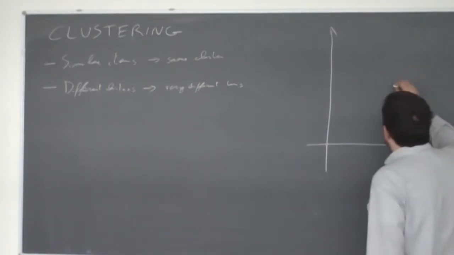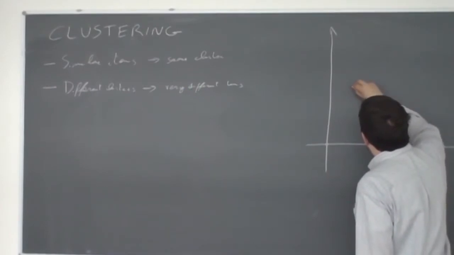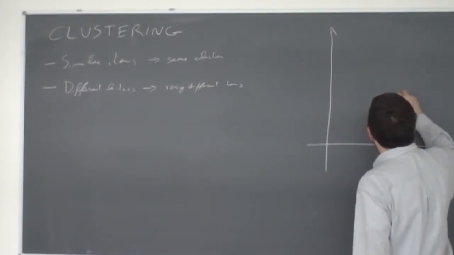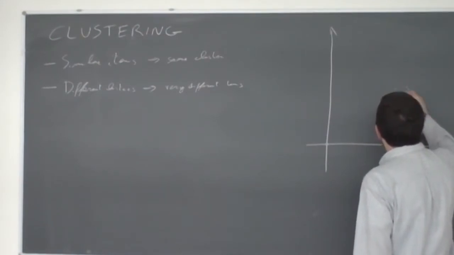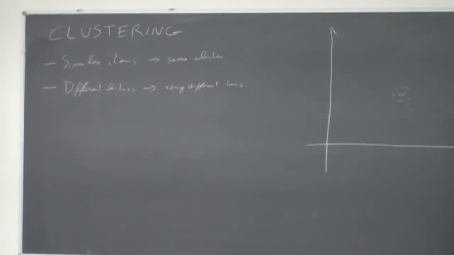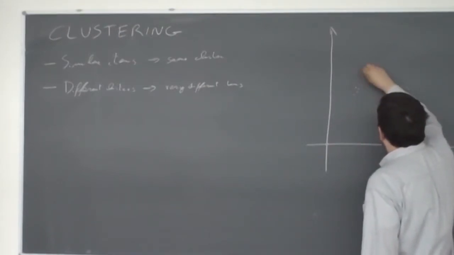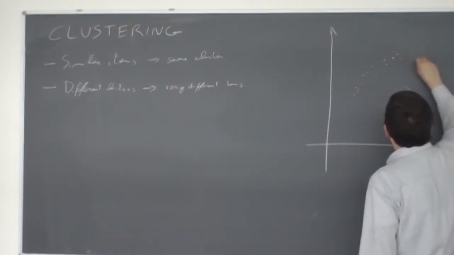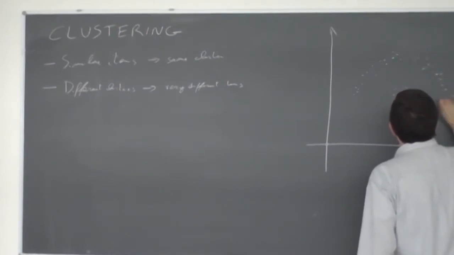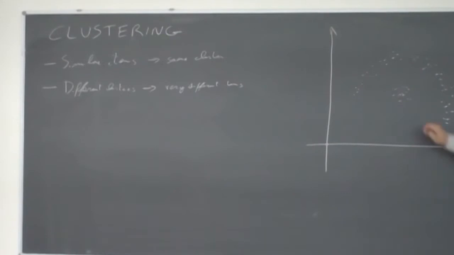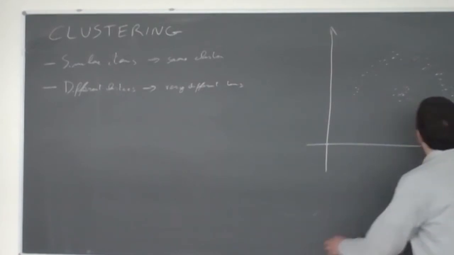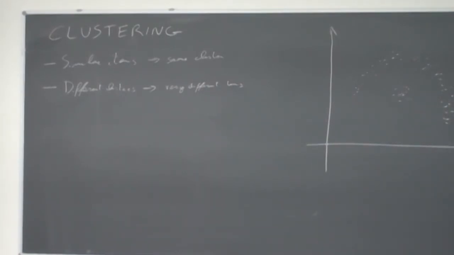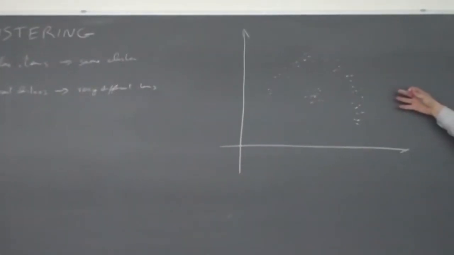Consider this. You have a set made like this. I don't know, maybe a group of items here, and up here, a cloud of items here. Now, if you look at this, you will probably tend to say that I see 2 clusters here.